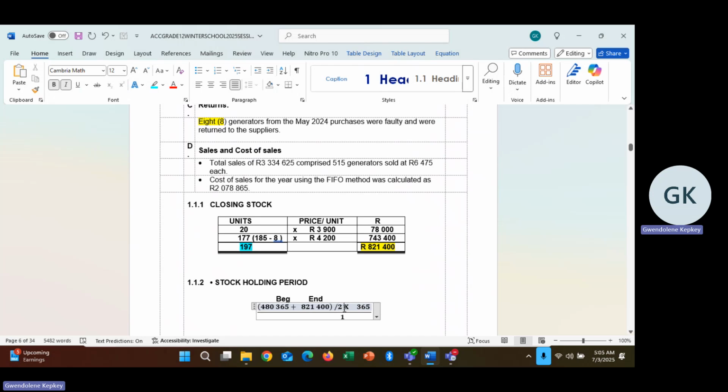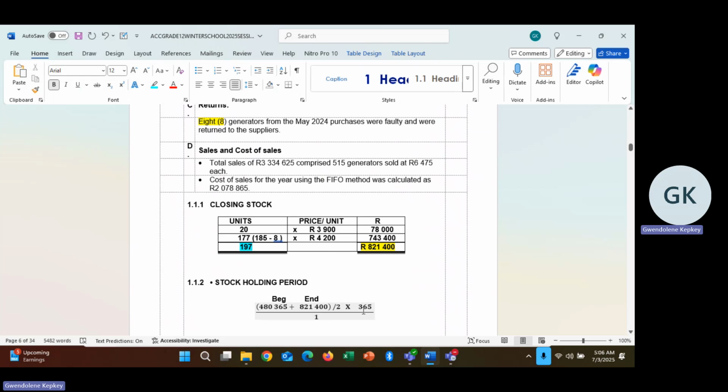So I've taken my beginning stock, added my end or closing stock, and divided it by 2. Why? I need the average. All of that over 1.